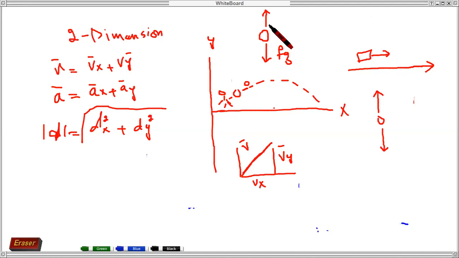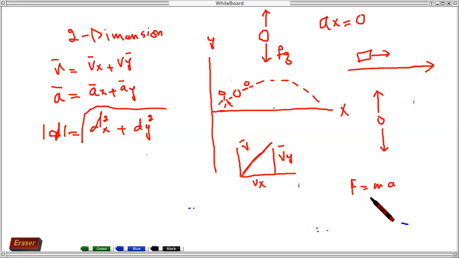Therefore, acceleration along the x-axis in projectile motion, in two-dimensional motion, is always zero. Why zero? Because when there is no force, there is no acceleration. If you remember, F equals ma, the second equation of motion.